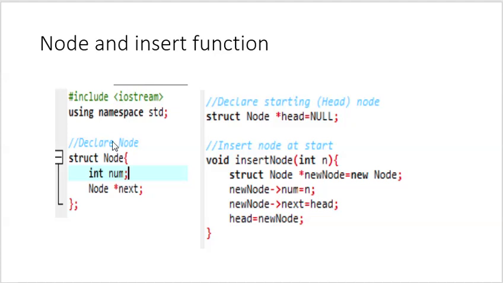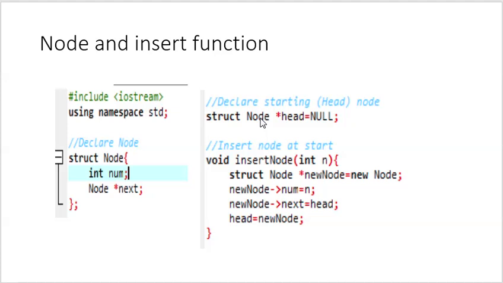Here these are the headers. Then we have to create a node, as the node consists of data and a pointer. So here we are creating a structure node in which num is the data, while this is the next pointer which will be pointing to the next node.